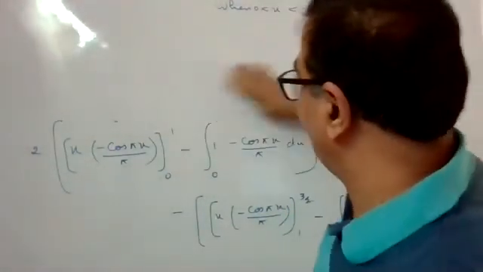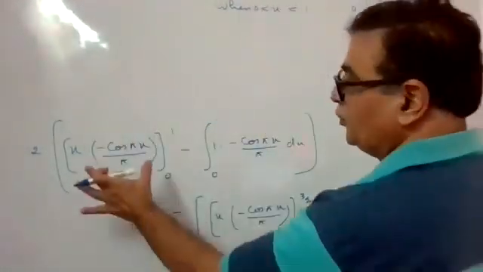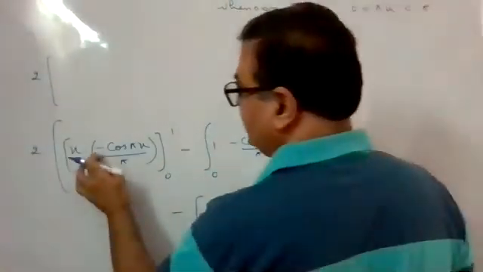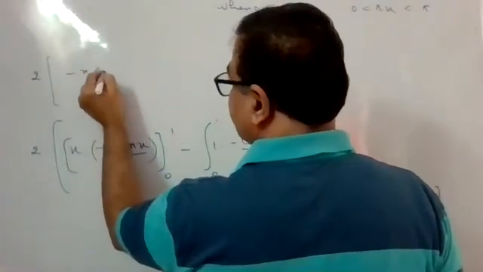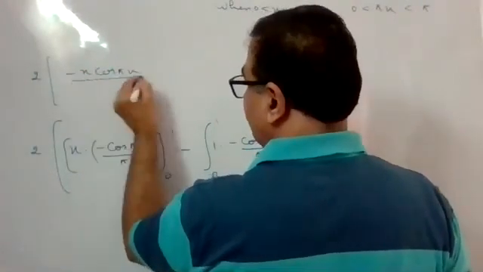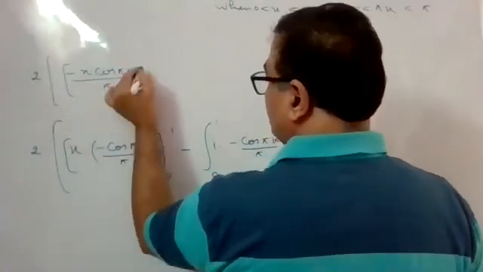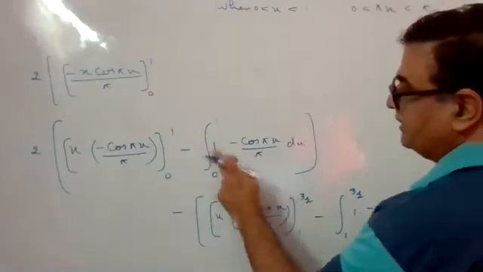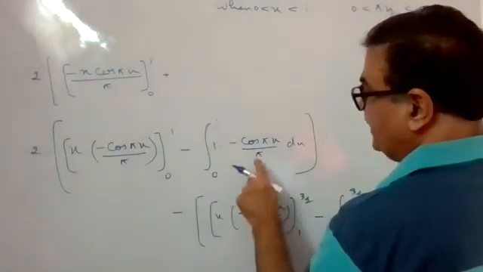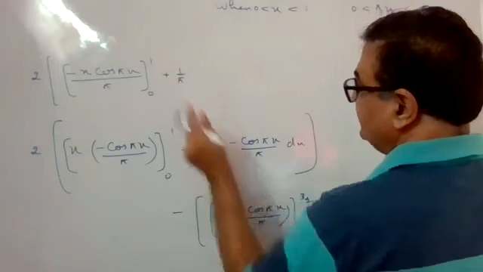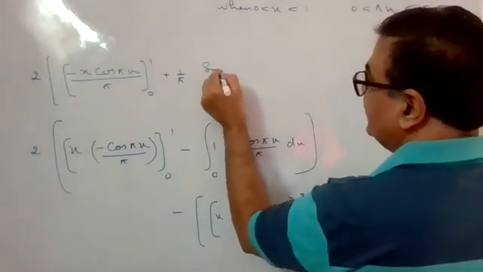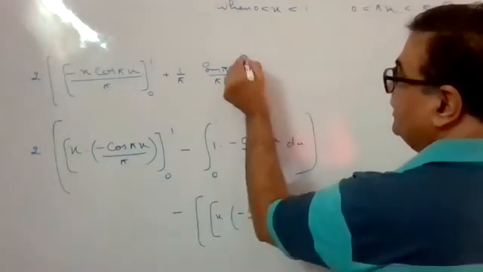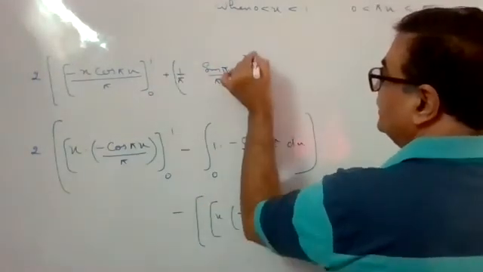Now we will integrate further. इस पे तो पूरी लिमिट लगा देंगे twice, या पहले पूरा इंटीग्रेट कर लेते हैं बाद में लिमिट लगाएंगे. माइनस x cos pi x by pi, and the limit will go from 0 to 1. दिस इज माइनस एंड माइनस प्लस हो गया. यहाँ पे 1 by pi already goes out, and then cos pi x का इंटीग्रेशन हो गया sine of pi x by pi, and then the limit will go from 0 to 1.